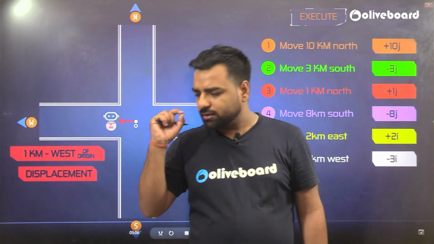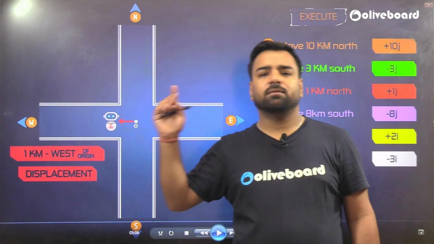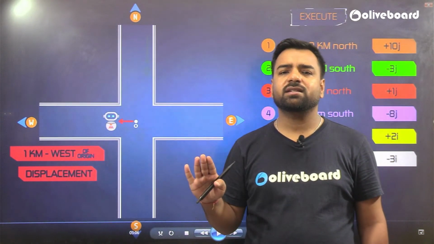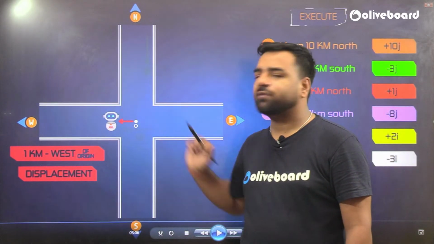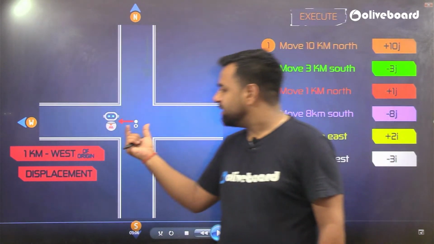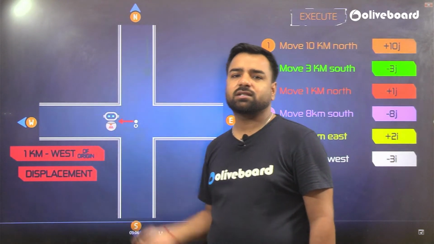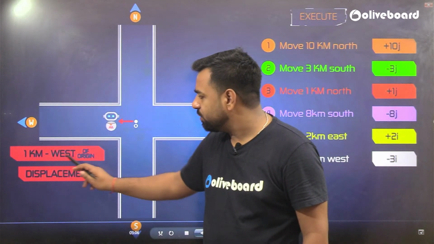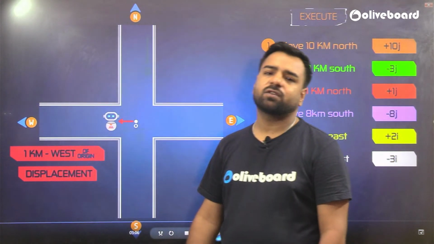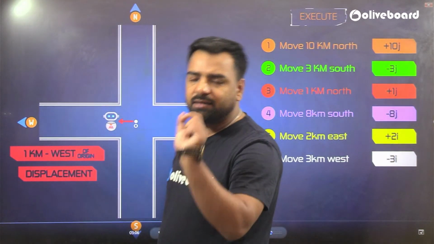In distance we need to measure the complete path, but in displacement it's just the minimum or shortest distance between the initial point and the final point. So what is it? It's just 1 kilometer, that too in the west. So what can I write? Minus i cap. So yes, 1 kilometer west of the origin, and this is what displacement is, because in displacement we use the direction and the magnitude both.